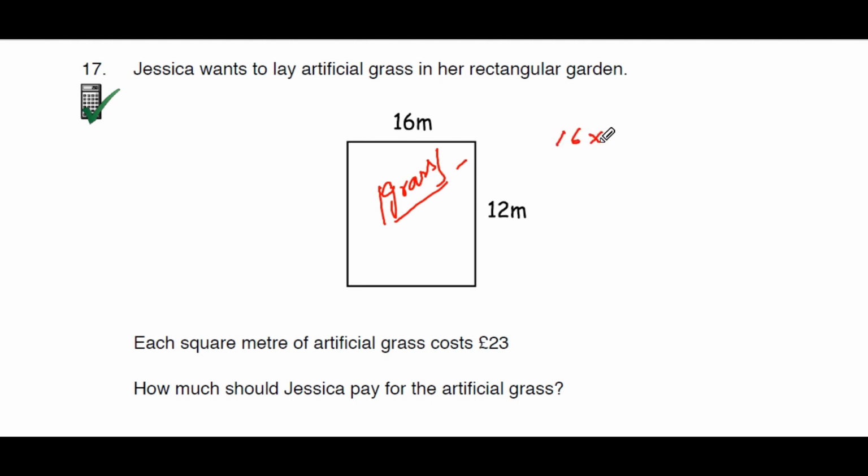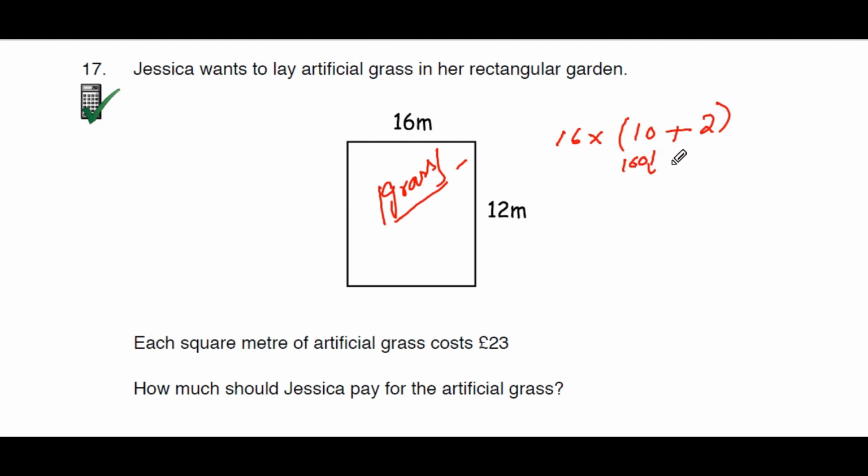The same way we have to do it over here: the area, that is 16 times 12, and you can use this way of multiplication, which is quite easy, without your calculator. 16 times 10 will give you 160. The 0 will come down, and 16 times 1 is 16, everybody knows.